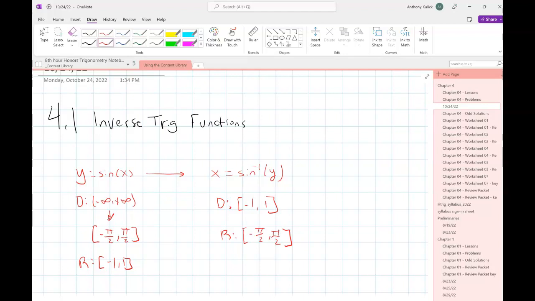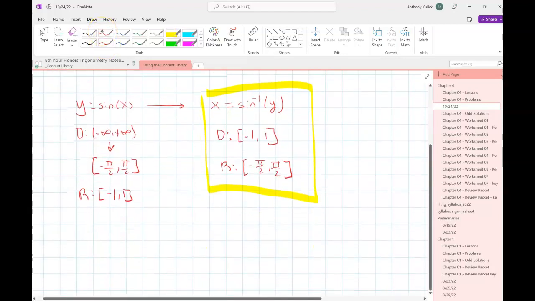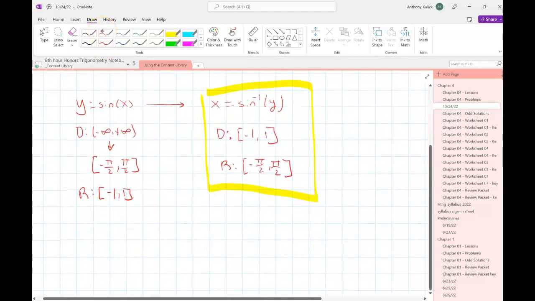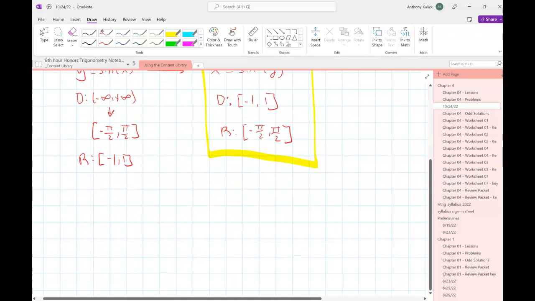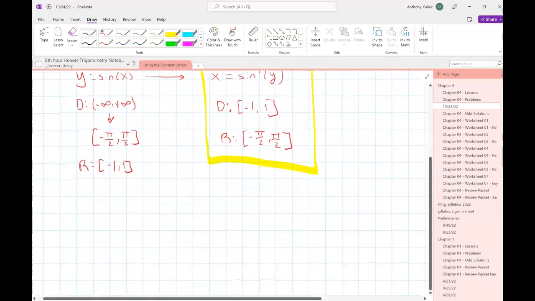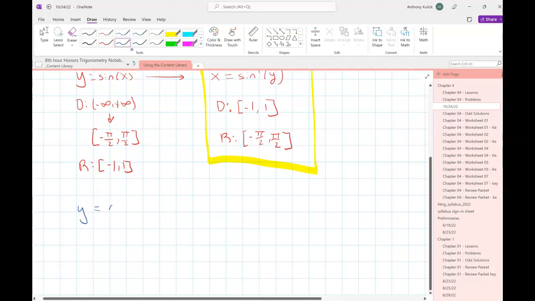Everybody's okay with that? That information is important. You do need to remember what the range is for sine inverse. That becomes quite important. We'll do the same thing now for cosine and for tangent.